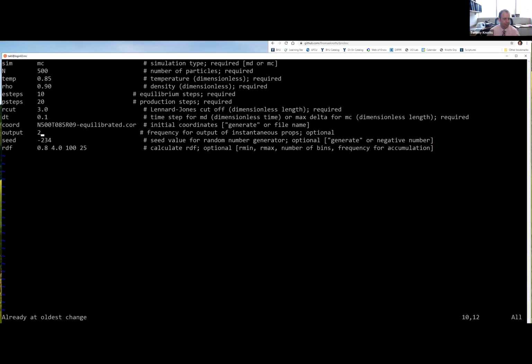Remember, the way to do that is you can go to insert mode and use your arrow keys and hit delete and type. So make sure you're in insert mode. I wasn't using insert, I was using a fancier key. Sorry about that. Change this to 10, this to 20, and then change this to 2 so we can see some output.